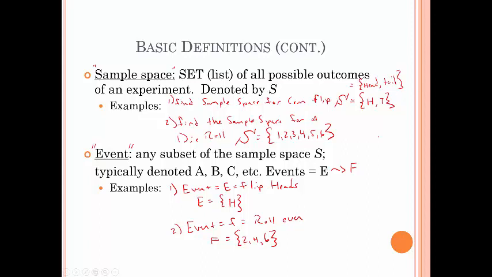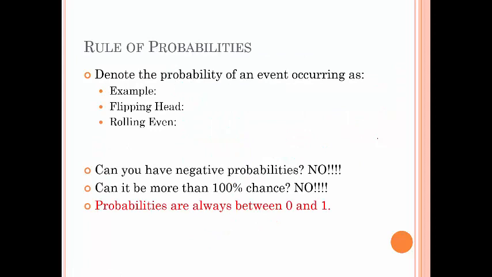So you can see kind of how we're driving towards computing probabilities. All right, so we're going to denote the probability of an event occurring as the following. We denote it as P and then in parentheses E, like this. This is not P times E. This is read as the probability of event E.